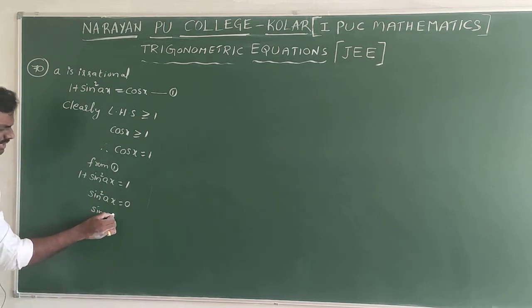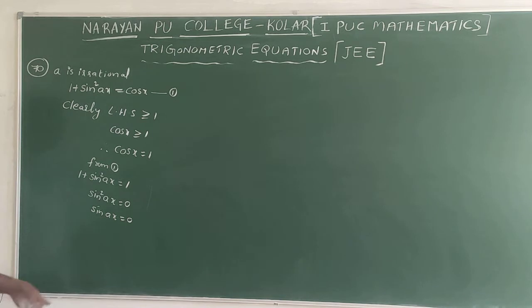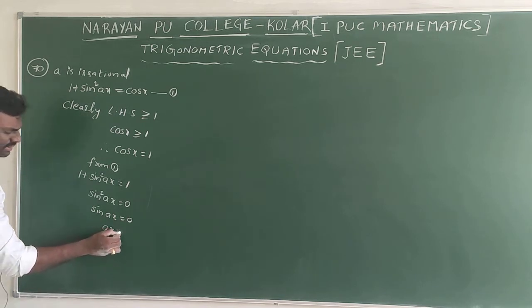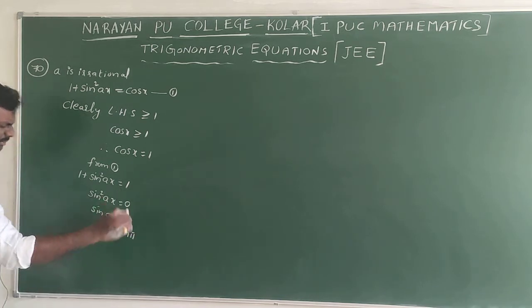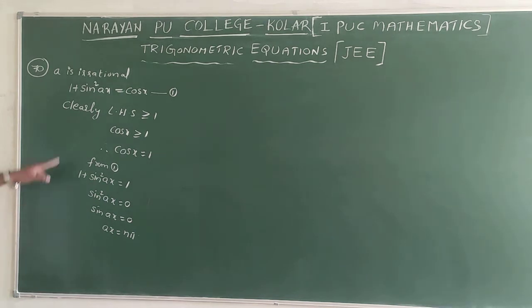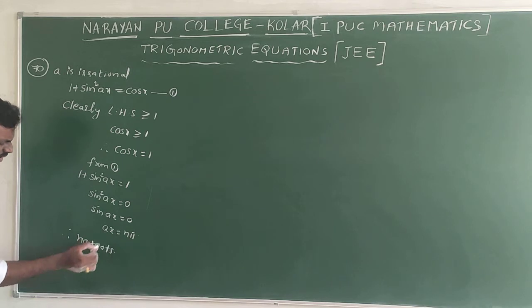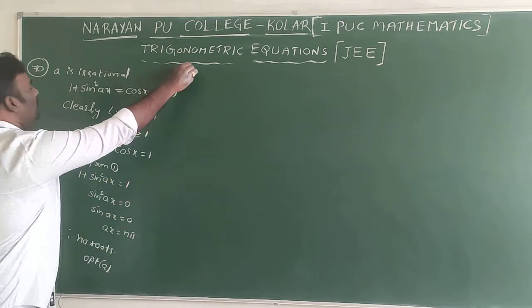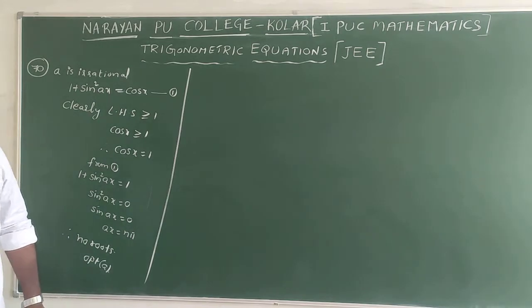That implies sin ax is equal to 0. Then ax is equal to n pi. But here a is irrational. If you substitute any irrational number, this is not satisfied. Therefore, no roots are possible. That is nothing but option A is the correct answer for question number 70.